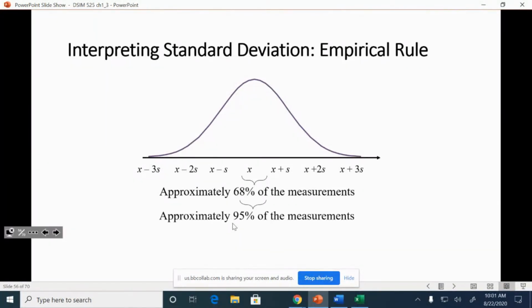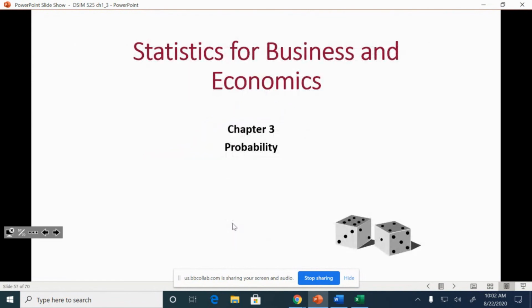Within two standard deviations, we have 95% of the measurements. So basically, the idea of quality control was if you're within two standard deviations, that results 95%, probably right. And then three standard deviations, 99.7, super accurate.